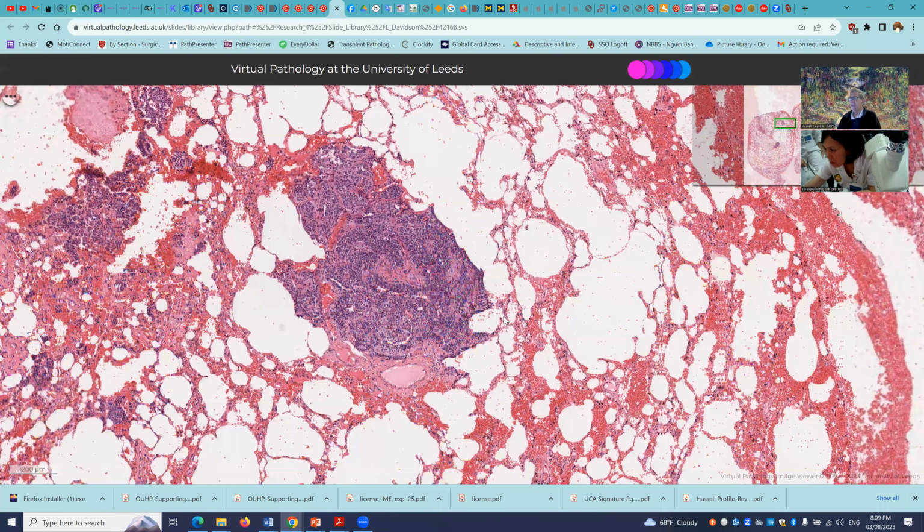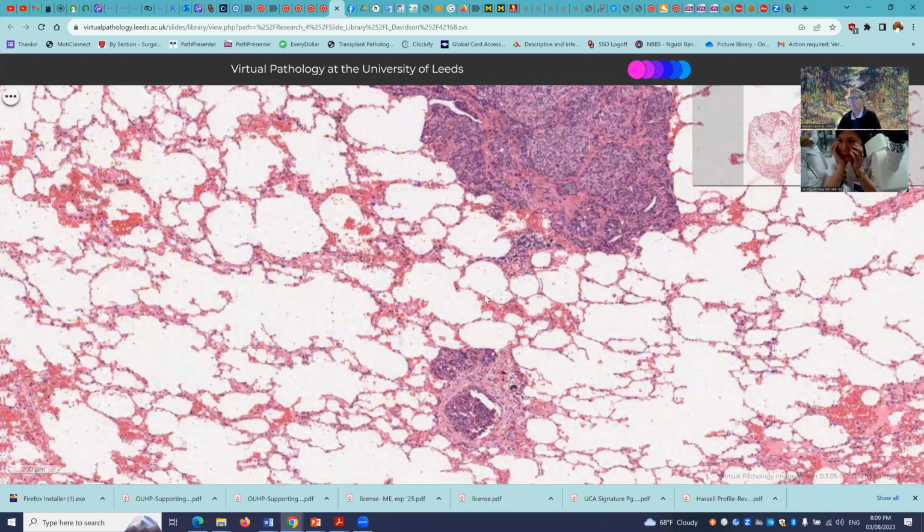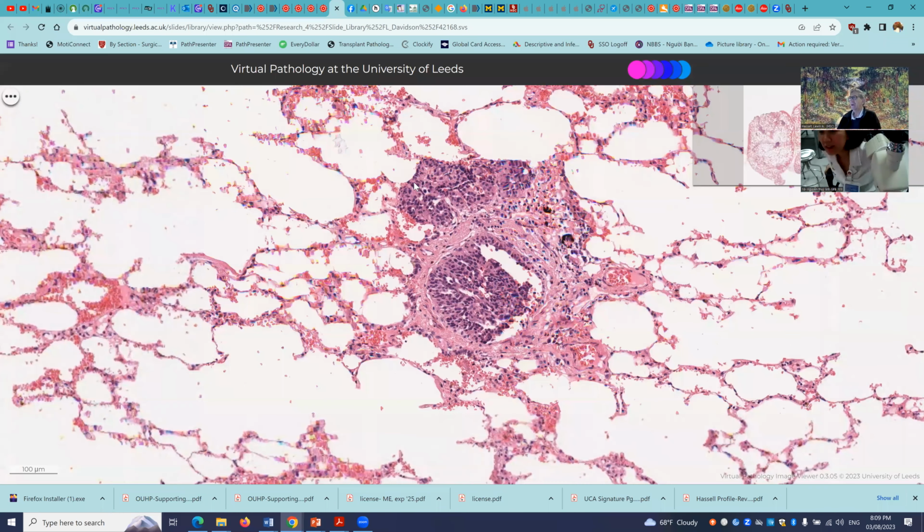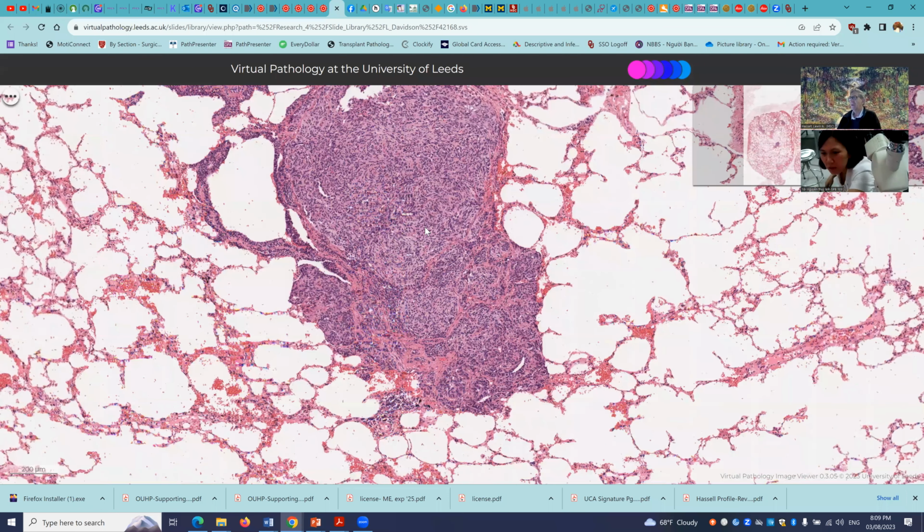And when we see multiple nests like this that are varying size and shape, some within the parenchyma and out into the lung parenchyma of this sort, this is a characteristic of an entity called diffuse pulmonary neuroendocrine hyperplasia.